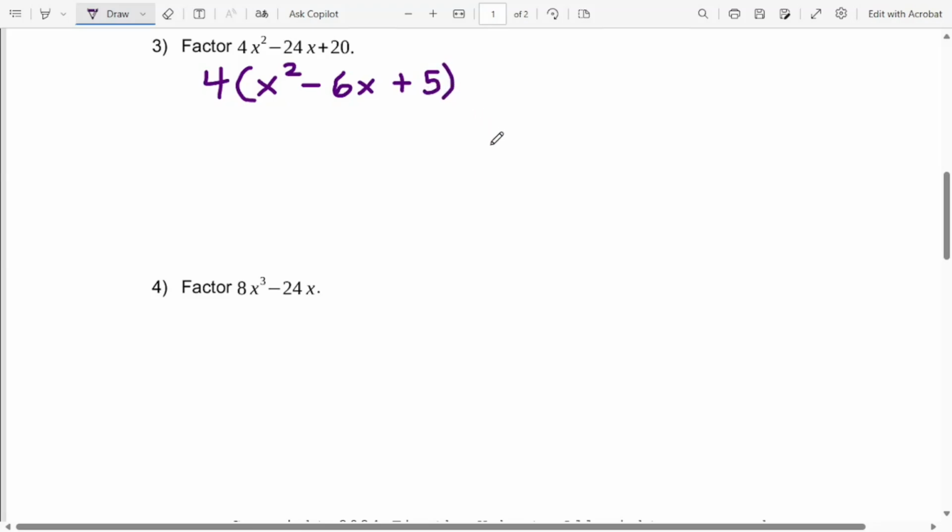Okay, so I need two numbers that multiply to positive 5 but add to negative 6. So if I multiply negative 1 times negative 5, I'm going to get negative 6 when I add these together.